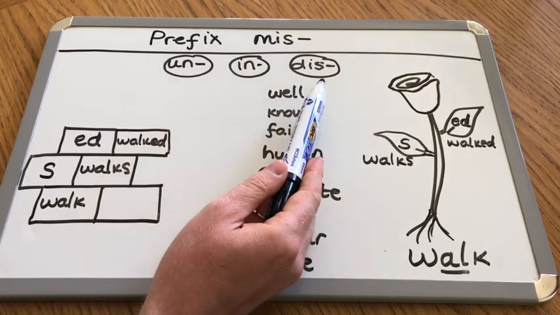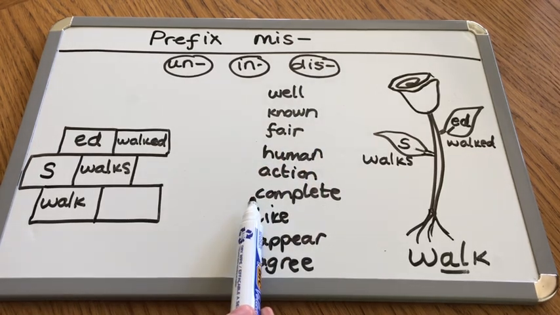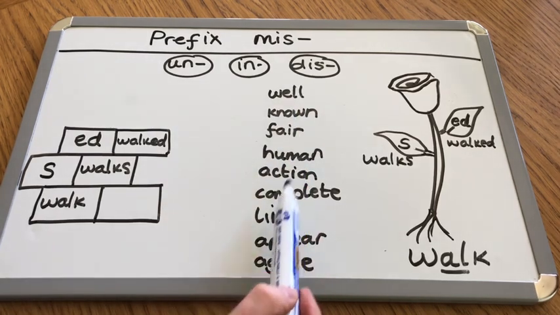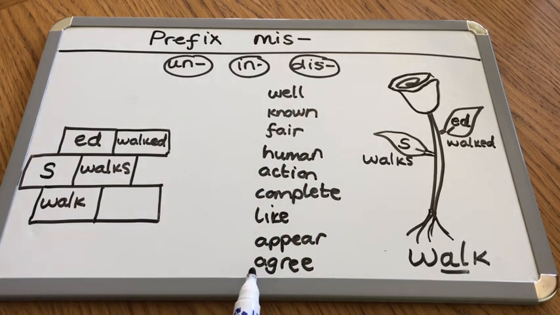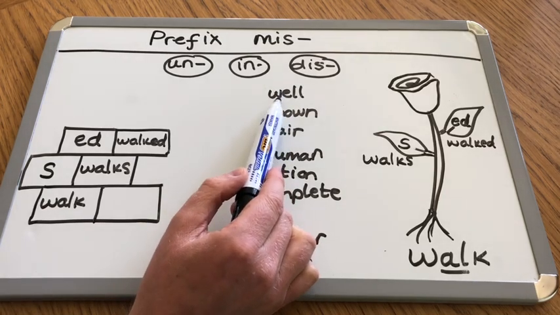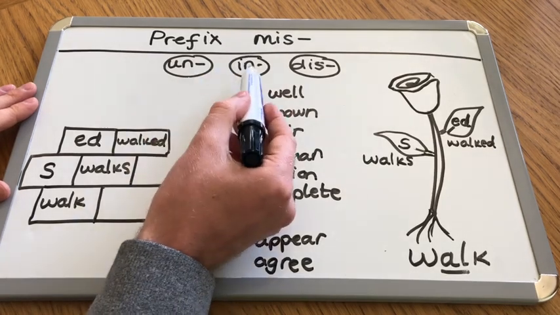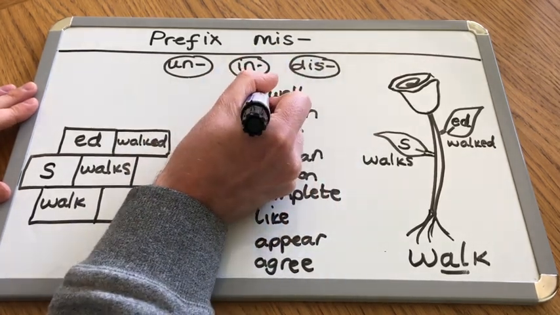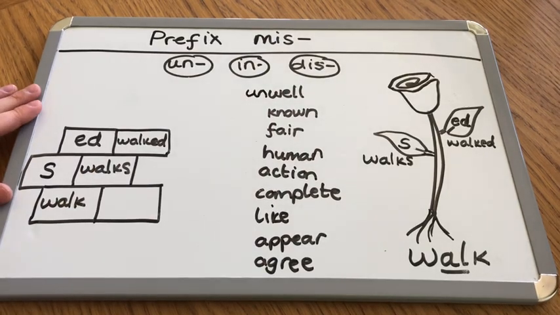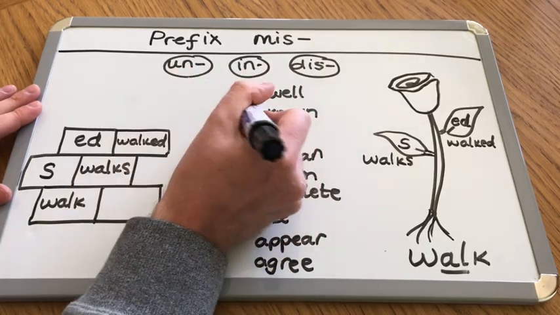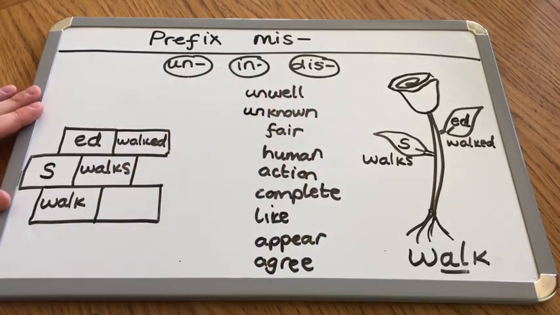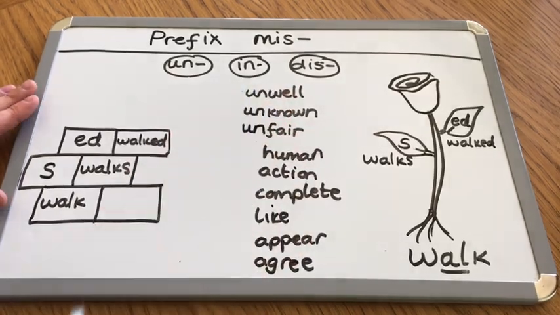Un, in, and dis will change these root words, and they'll change them to the meaning of not that thing or the opposite of that thing. So if someone was well, we could change that using the prefix un for unwell. So now they are the opposite of being well or not well. Known uses again that prefix un, and unfair. So now it is not fair rather than it being fair.